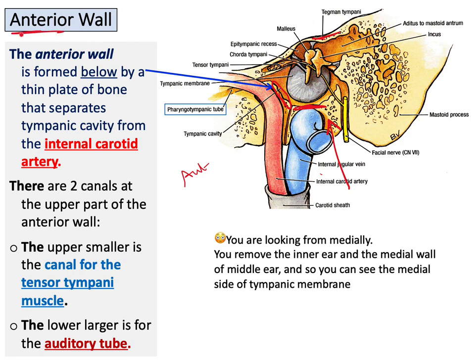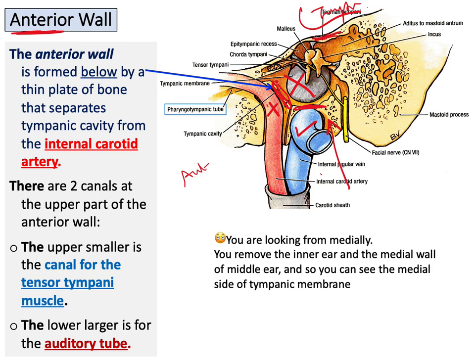This thin plate of bone separates the middle ear from the internal carotid artery. So the roof is separated from the temporal lobe of the brain, the floor separates the middle ear from the internal jugular vein, while the anterior wall separates the middle ear from the internal carotid artery.